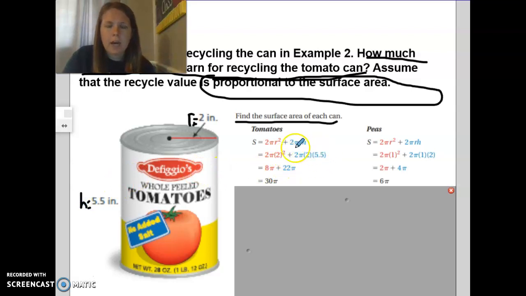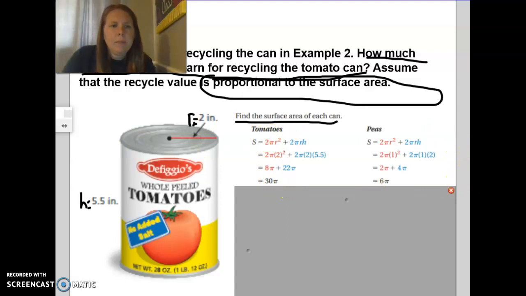Leave the pi's for now and just multiply those constants in front of the variable. 2 squared is 4. Multiply that by 2 gives me 8, so that's why I have 8 pi. Then I take the 2 times the 5.5, which gives me 11, and when I multiply that by 2, I get 22. Then I add that 22 and 8, and I get 30, so I have 30 pi.